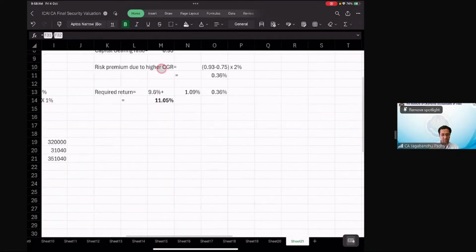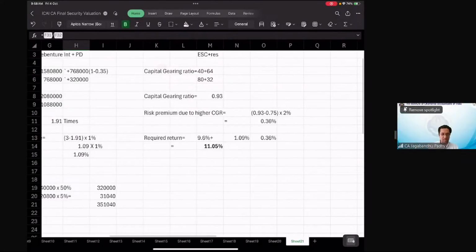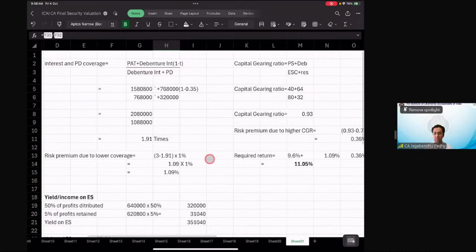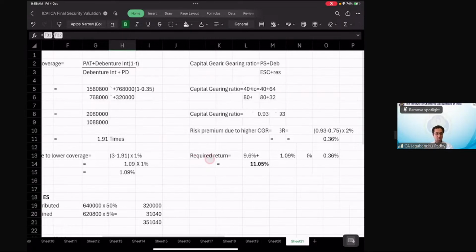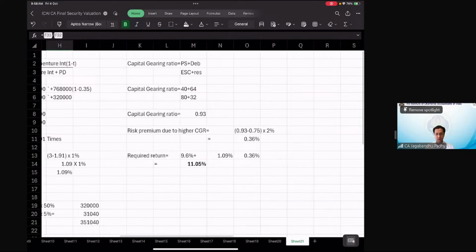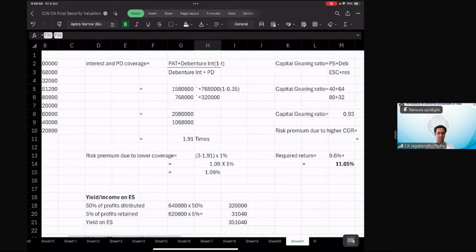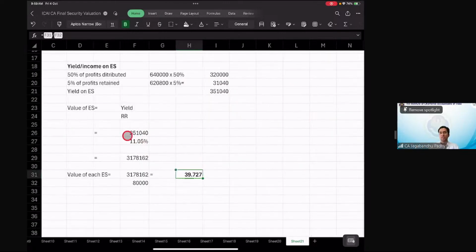One was the interest and preference dividend coverage ratio, and second was the capital gearing ratio. So we computed the interest and preference dividend coverage ratio to be 1.91. The question has 6% as the required, and the same goes for the capital gearing ratio. There 2% was the risk premium which was applicable. Now, using that risk premium, we computed the required return. So we divided the required return with the yield, because this was supposed to be the cash flow for the value of this equity share.